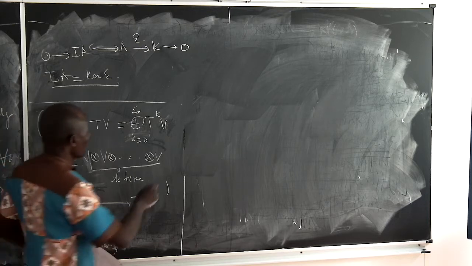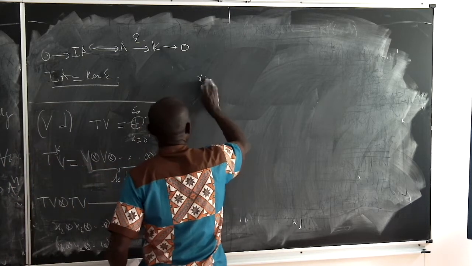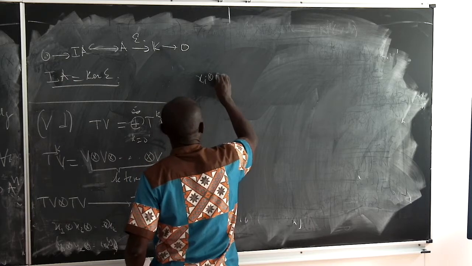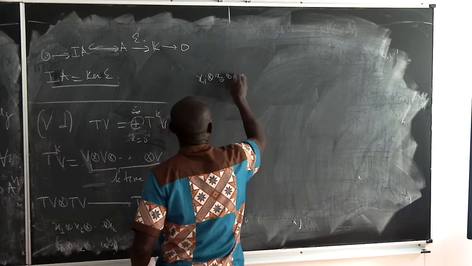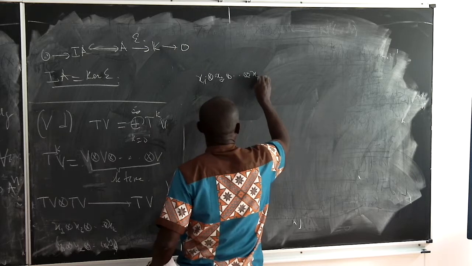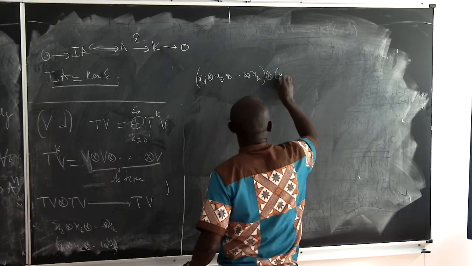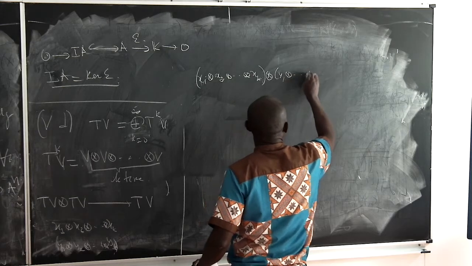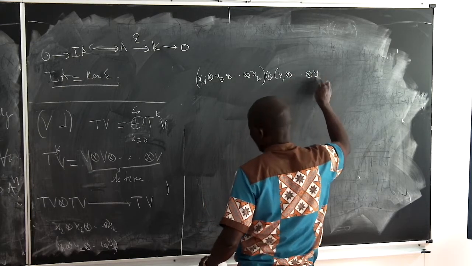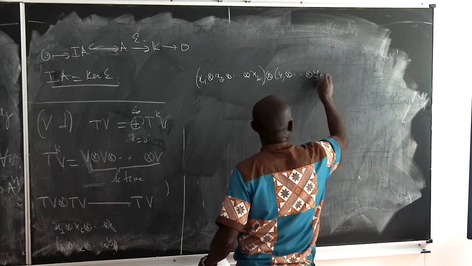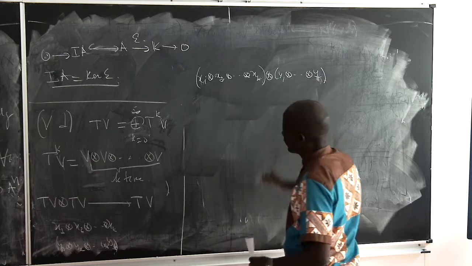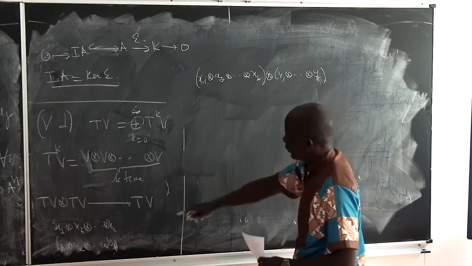It means the product will give us x1 up to xk tensor y1 tensor y, let's say of this, just a concatenation of these two elements.